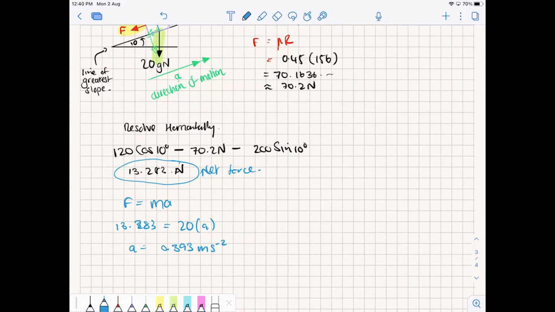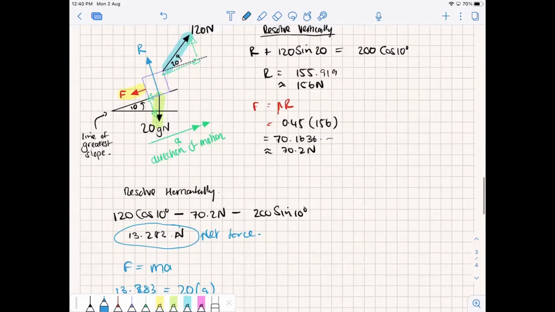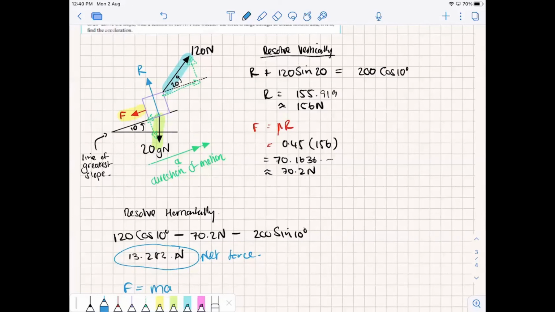Or is that right? That's right. So there we go. So again, resolve vertically, find your normal contact force, use the coefficient of friction to find the friction force, resolve horizontally to find the net force, and you can use it to calculate acceleration.